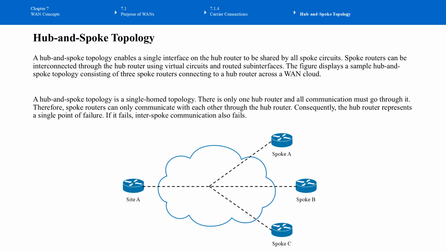A hub-and-spoke topology is a single-homed topology. There's only one hub router, and all communication must go through it. Therefore, spoke routers can only communicate with each other through the hub router. Consequently, the hub router represents a single point of failure. If it fails, inter-spoke communication also fails.